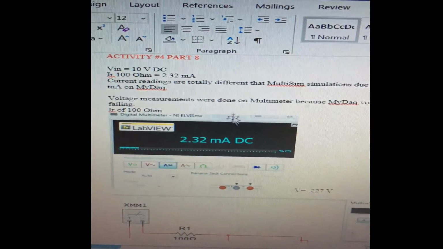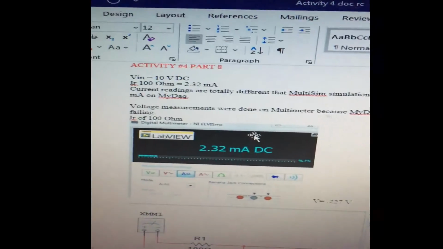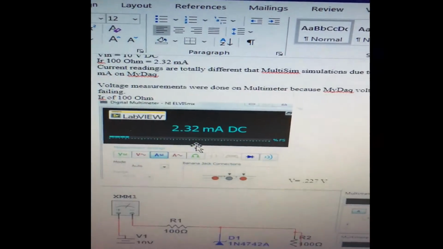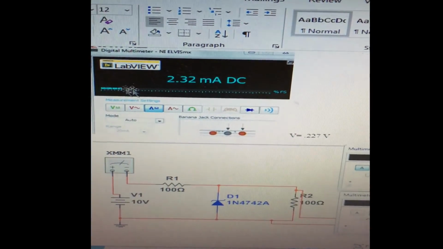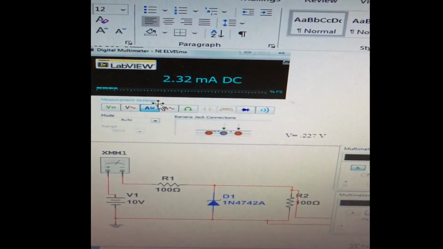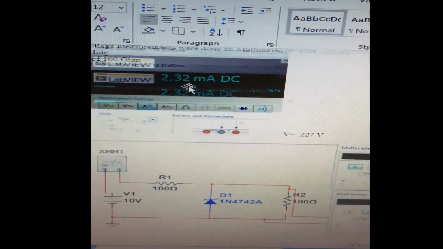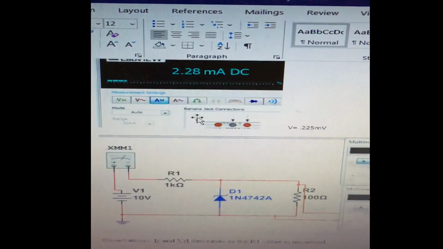Here are both the 0.1 microfarad capacitor and the 1000 microfarad capacitor. Pretty big, that one. And the final one is a zener diode voltage limiting circuit, but I was having trouble because my DAC only allows a maximum output current of around 2.3 milliamps. So all of the results only change slightly.